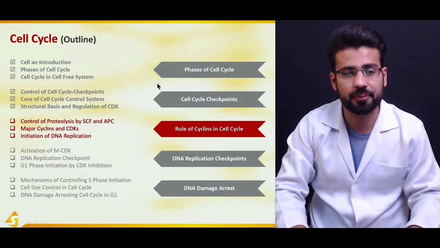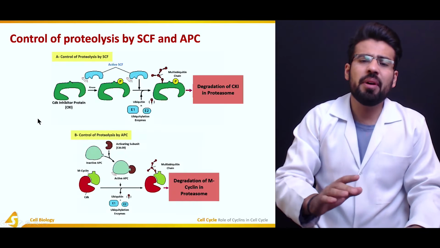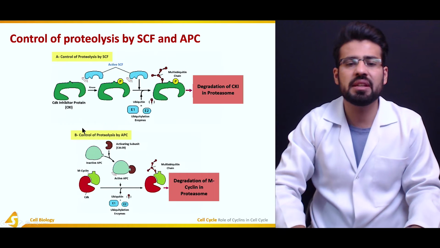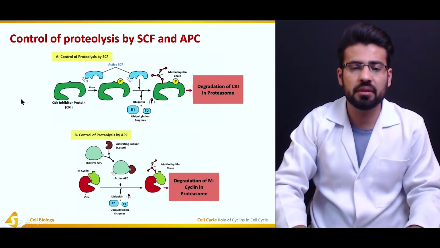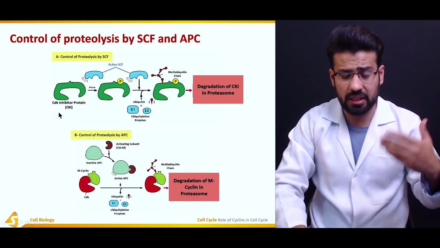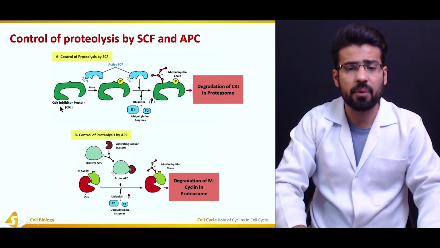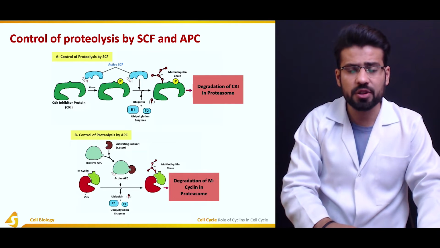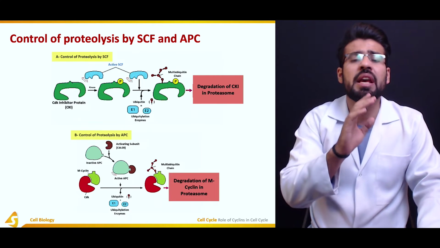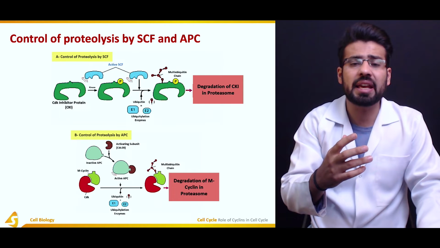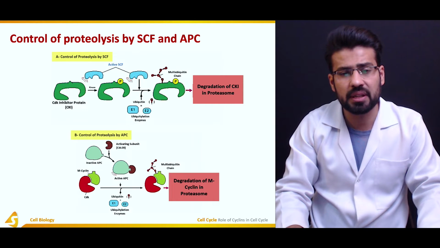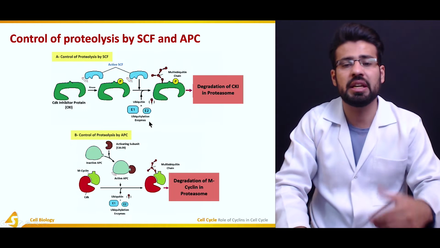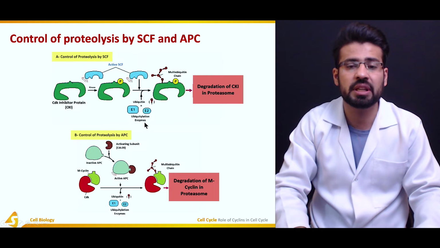So let's get started. Talking about the control of proteolysis by SCF, we have a CDK inhibitor protein, the CKI, which in this case is P27. In the presence of kinase activity, it is phosphorylated and recognized by an active SCF, which is a ubiquitin ligase, with the help of ubiquitin and E1, E2, the ubiquitinylation enzymes.